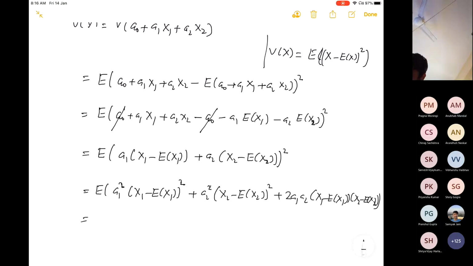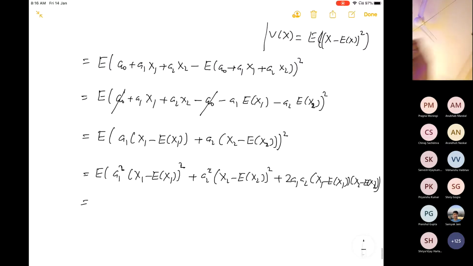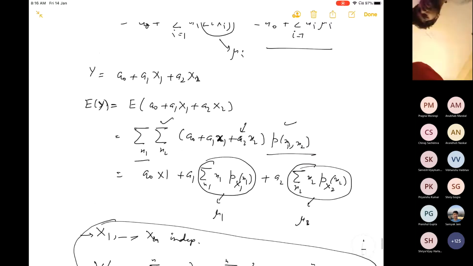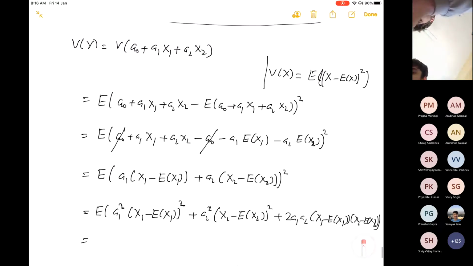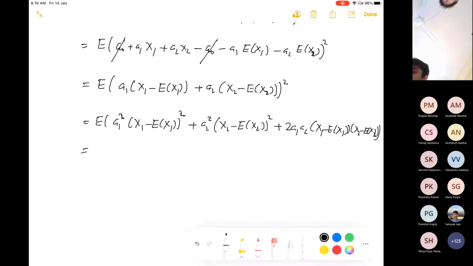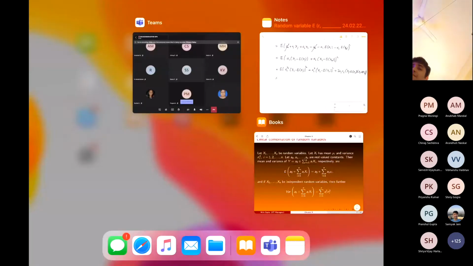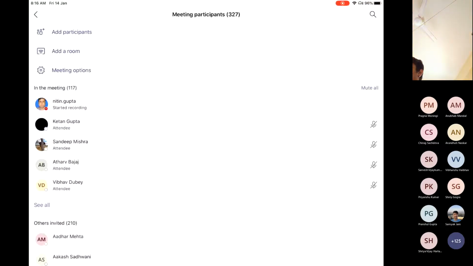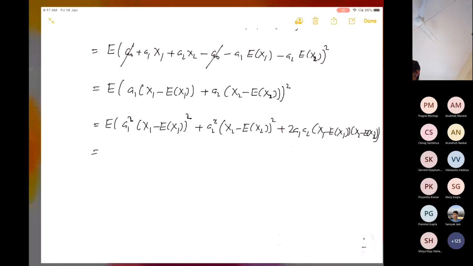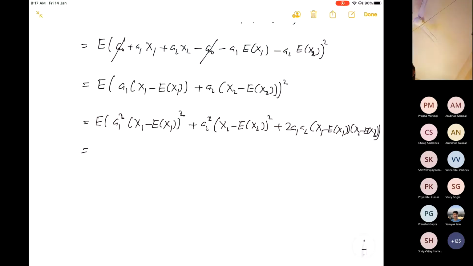Okay, then the expectation we can take inside, as we were doing previously also in the same fashion. So therefore this will be a1 square times the expectation of this value. If I take the expectation of this value, what will we get?